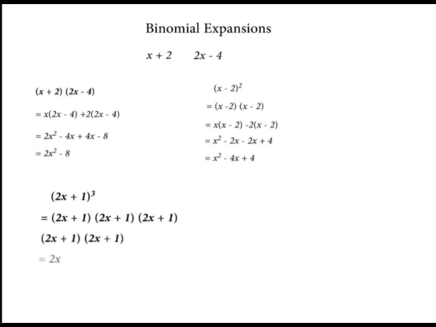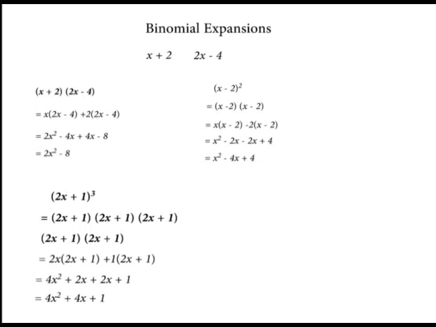And we have 2x times 2x plus 1, then plus 1 times 2x plus 1. 2x times 2x is 4x squared. 2x times 1 is 2x. 1 times 2x is 2x. And 1 times 1 is plus 1. And we shall have 4x squared plus 4x plus 1.